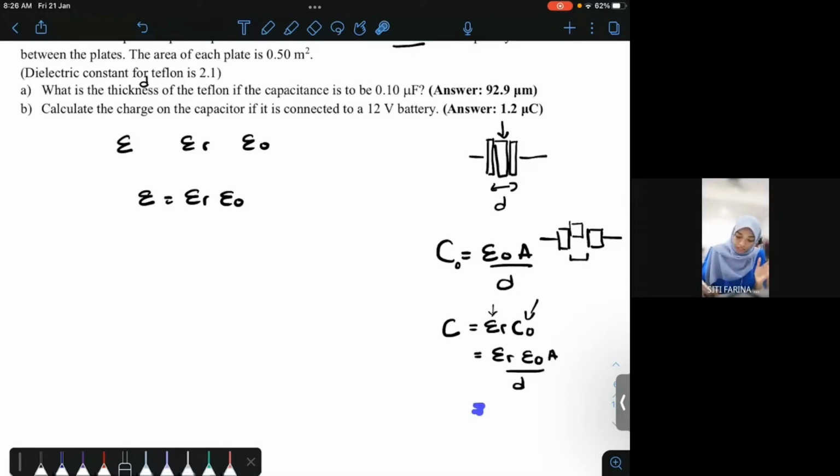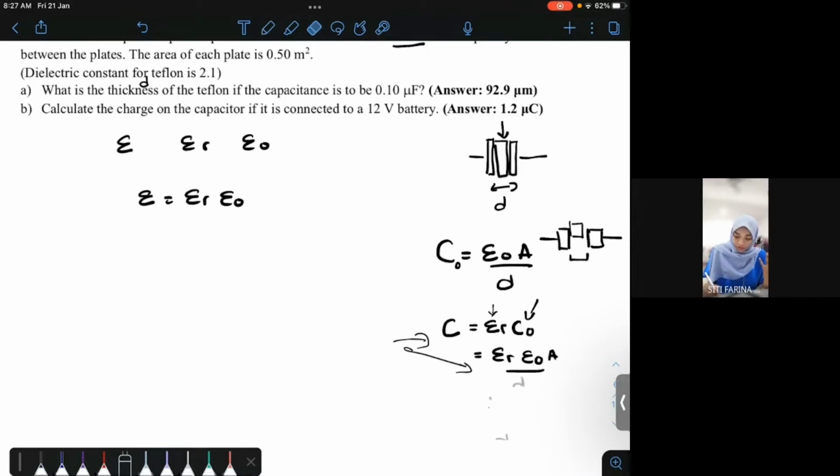Okay, this can also be written as C sama dengan epsilon A over D. Epsilon pula adalah permittivity where after you insert dielectric and that dielectric has occupied the space, combination of dielectric dan juga the space. Okay, tapi epsilon ni jarang dia bagilah. Dia selalu akan bagi epsilon R, so you have to use this equation lah ataupun yang kembangkan ni.